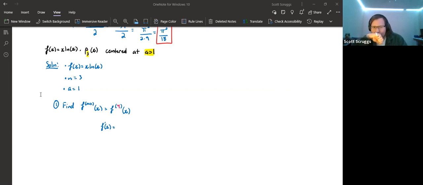So for my function f of x, which is x times the natural log of x, if I ask, okay, take its first derivative, what will that first derivative be? One.